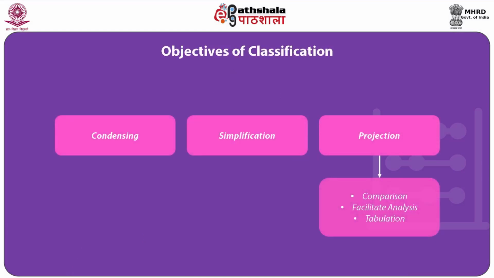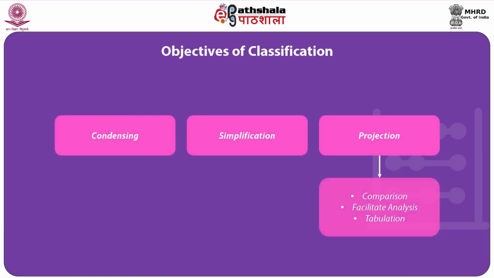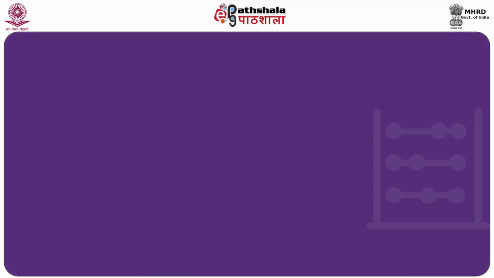The fourth objective is comparison: to facilitate comparison of one set of data and its results with another set of data. And fifthly, to facilitate analysis, that is, to organize the data in a way that it may be subjected to statistical analysis, and thereby interpretation and generalization will become possible.